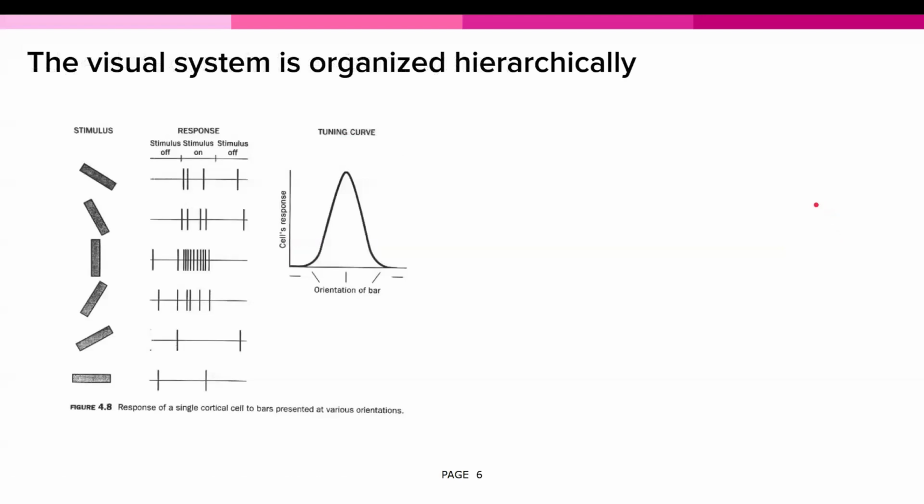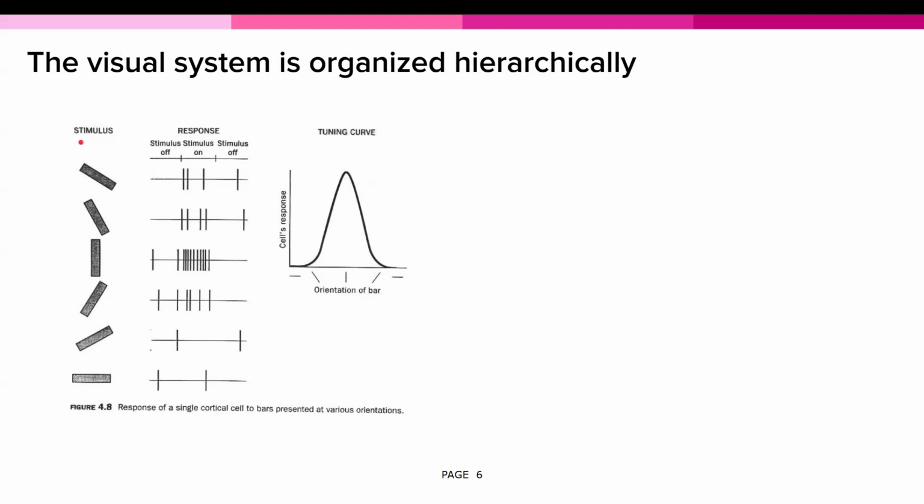Hubel and Wiesel went on to investigate the mammalian visual system rigorously, and they ran experiments with bars at different orientations, and that led to the discovery that cells have an orientation selectivity. So on the left here are different bars with different orientations that were presented as stimuli to show how cells respond more intensely to specific orientations.